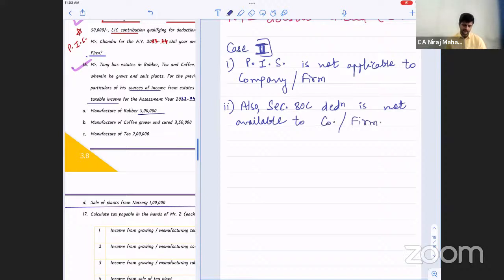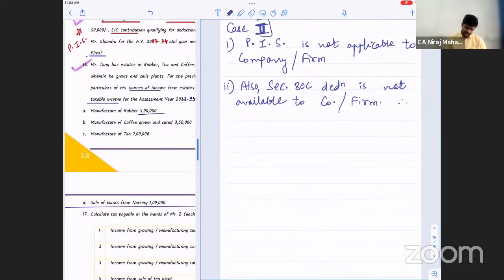Full stop. Therefore, tax for Chandru Limited, in bracket, assumed, let us say, at the rate of 30%.